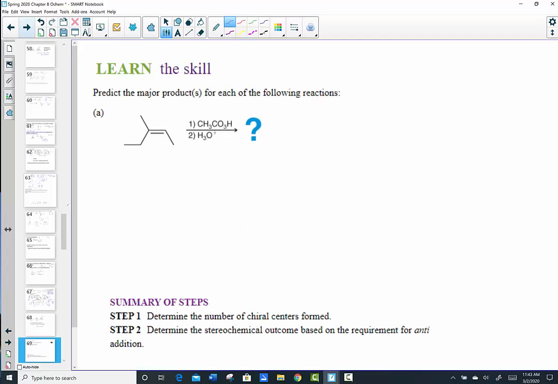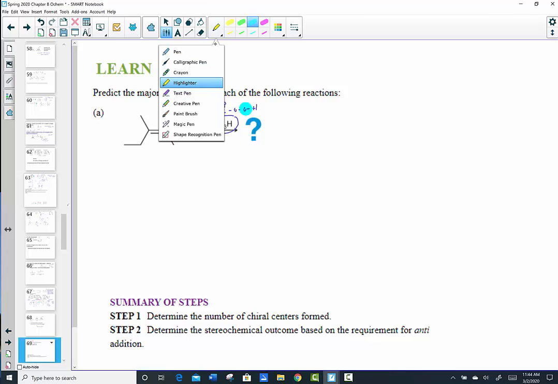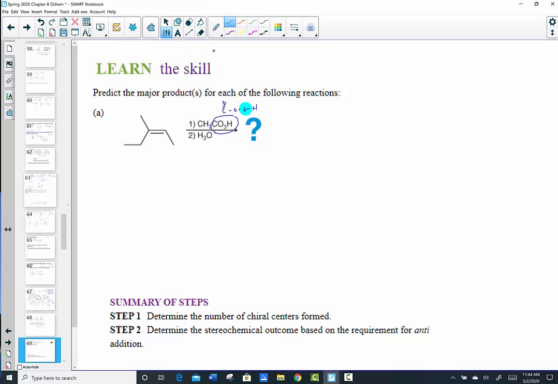So let's use this. Let's predict the major product for each of the following reactions. Step one, I want you to notice that it's a peroxy acid. The peroxy acid, COOH, that's an additional oxygen. And this is the oxygen that is used to form the epoxide intermediate.